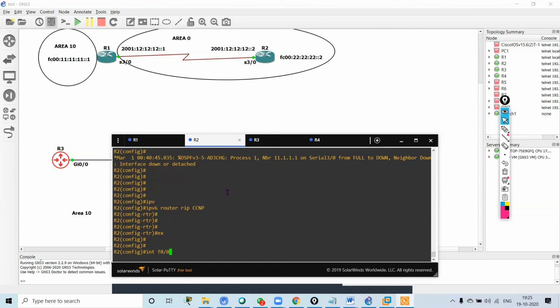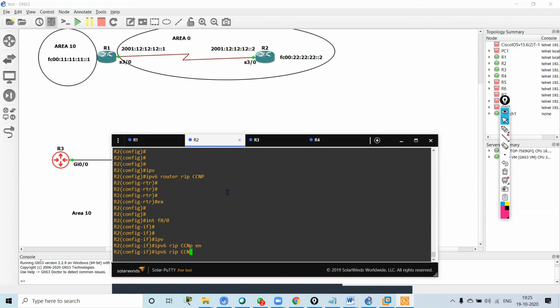Interface FastEthernet 0/0, IPv6 RIP CCNP enable. Sorry. Okay. Interface serial 3/0.